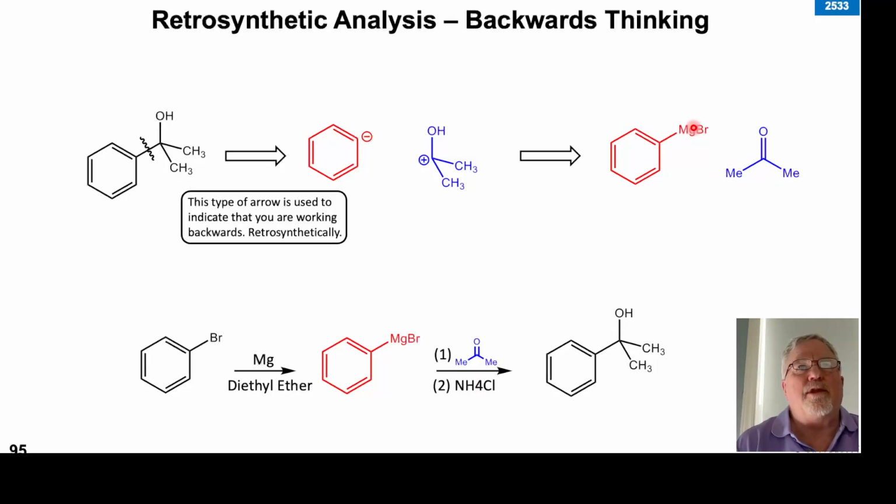We came up with a way to make it. Now we do the reverse reaction. We take our aryl bromide, we react it with magnesium to get our nucleophilic aryl group. It will then attack the electrophilic portion of acetone and form the anion, which we then work up with some acid to form this.